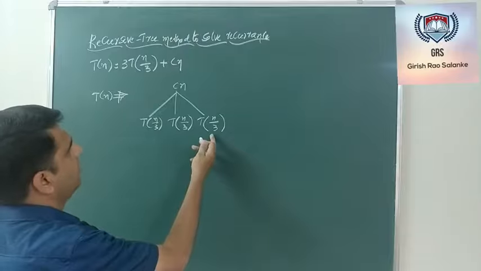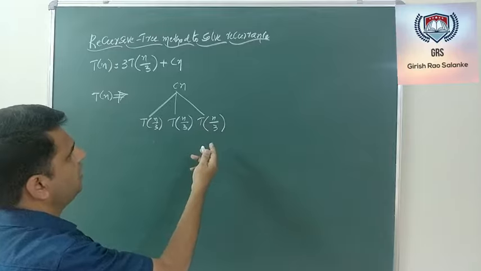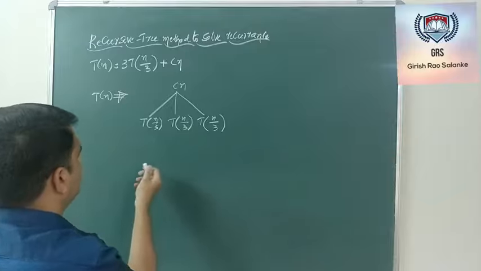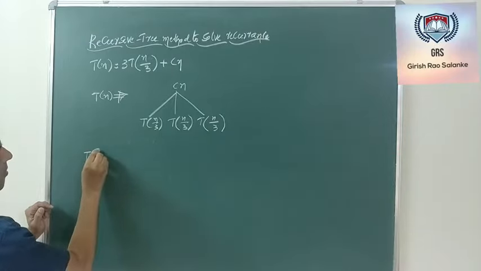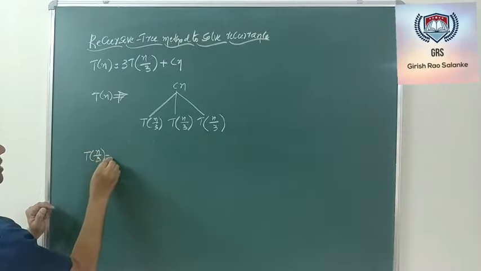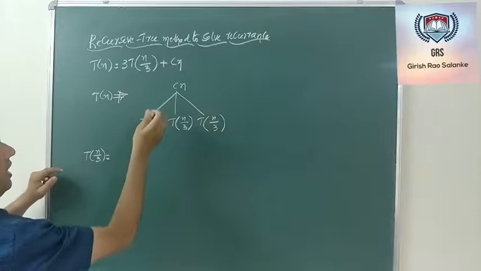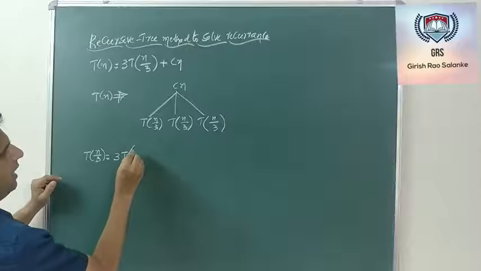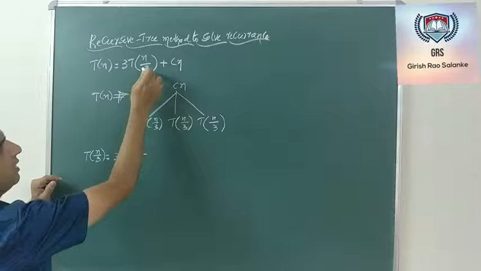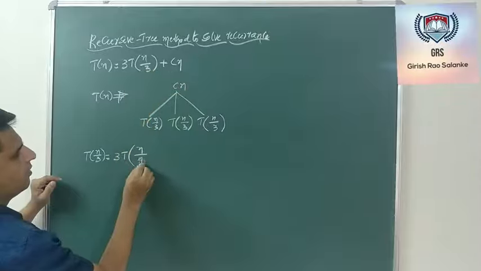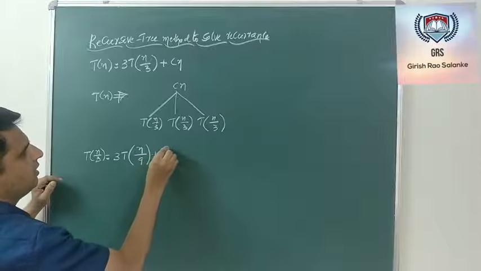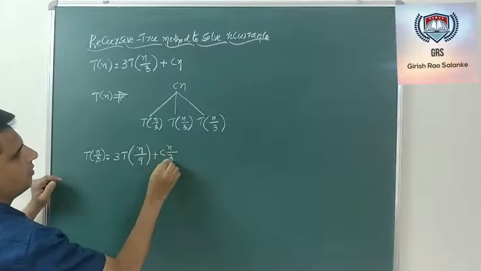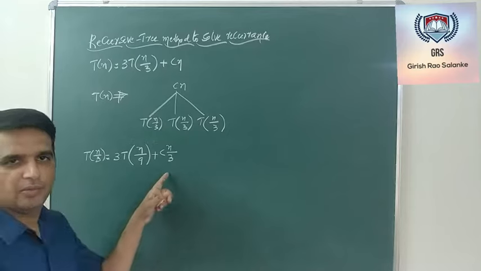Now, what is T(n/3)? T(n/3) is 3 times T(n/9), since 3 into 3 is 9, plus cn/3. Hope this is fine.